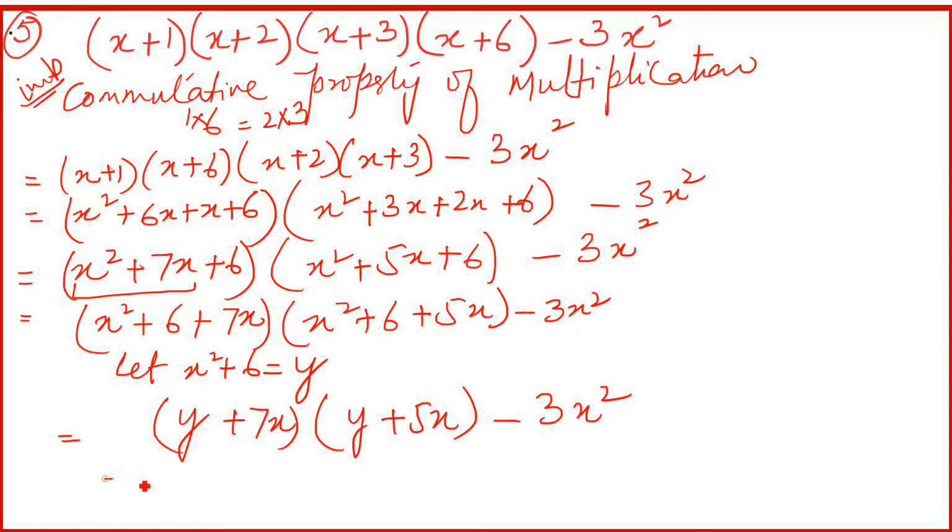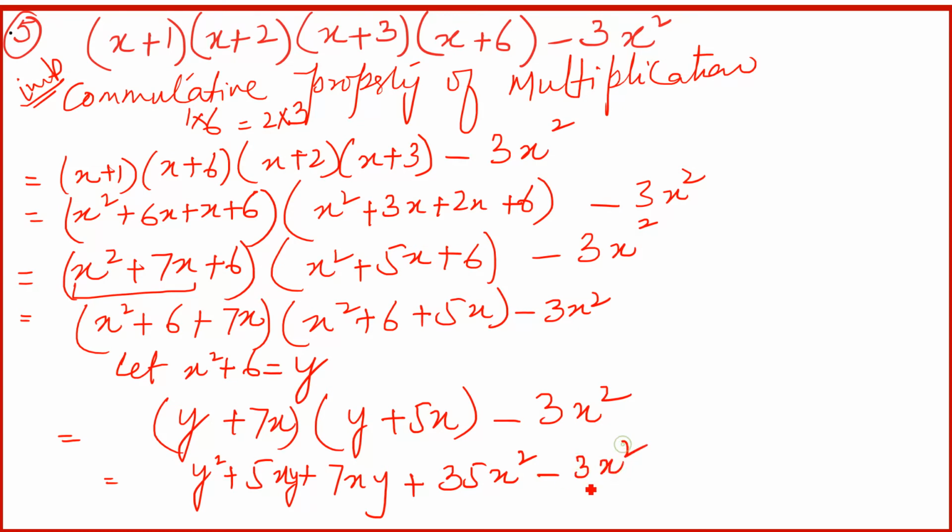So this is equal to y square plus 5xy, right? 5xy, and then plus 7xy plus 35x square minus 3x square. So it will be 12xy, and this will be 32x square.